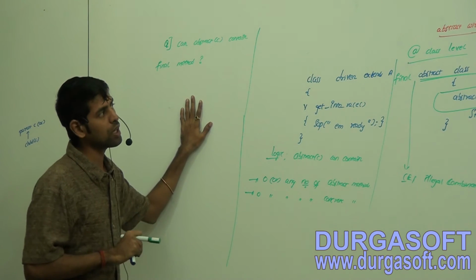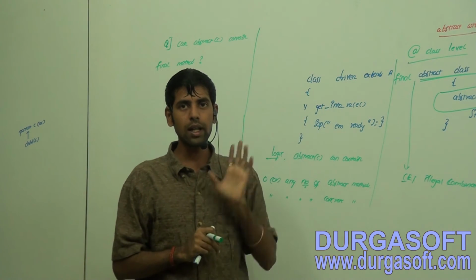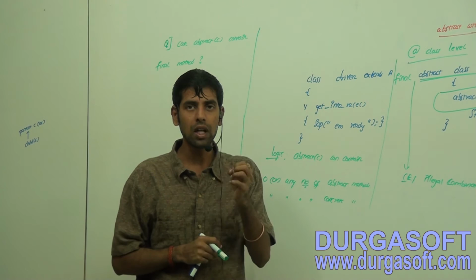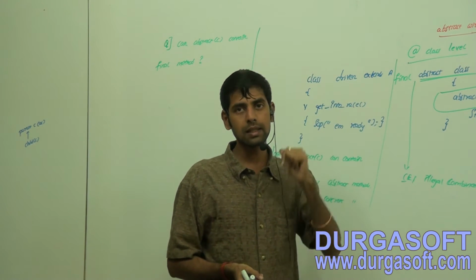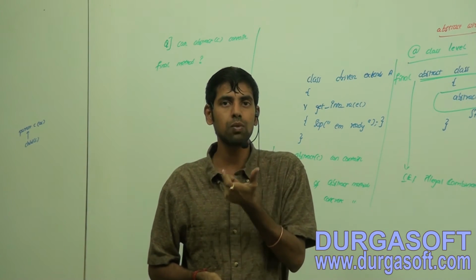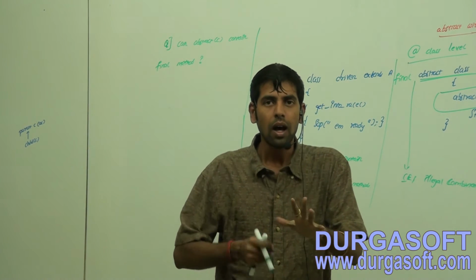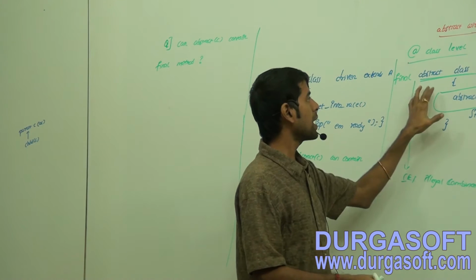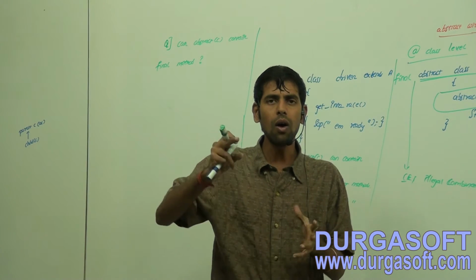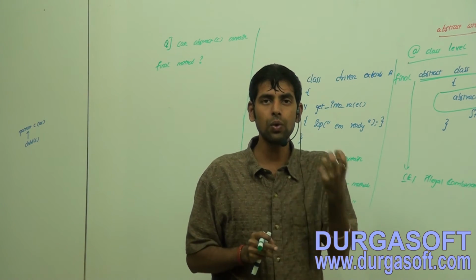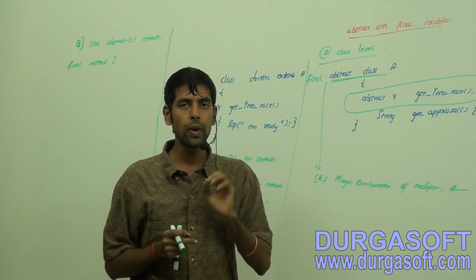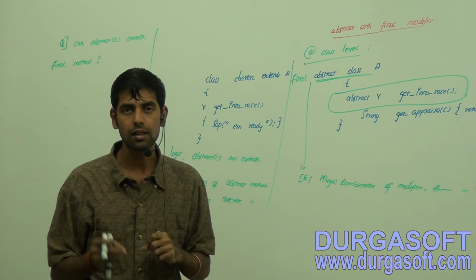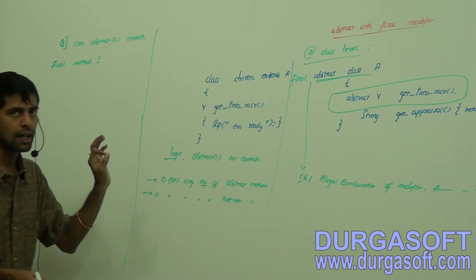One more very important thing: the only modifier which always intimates the compiler and JVM about the declaration is what? The abstract modifier. Other than this abstract modifier, all the modifiers, if you declare them along with the method declaration, you must provide what? Implementation. Simple thing. Please try to observe here and let me know the answer.